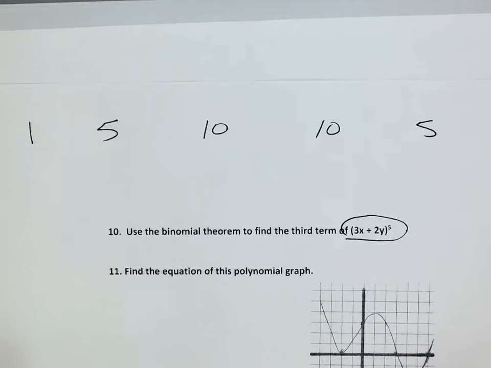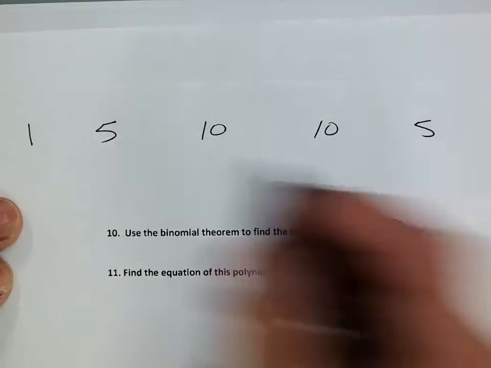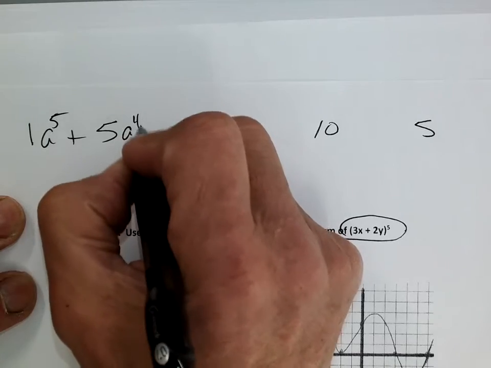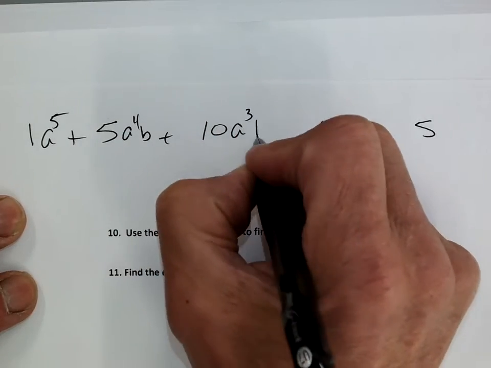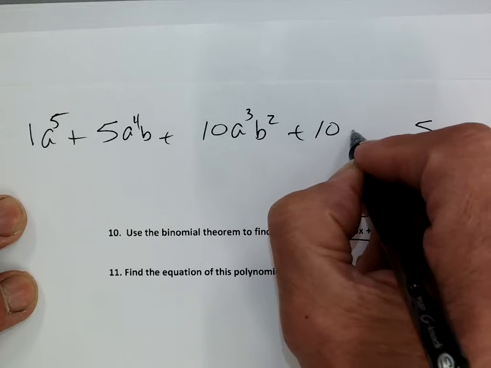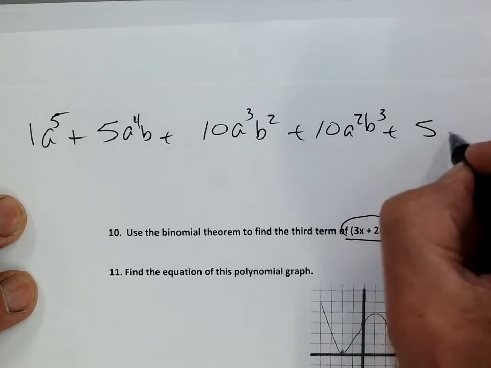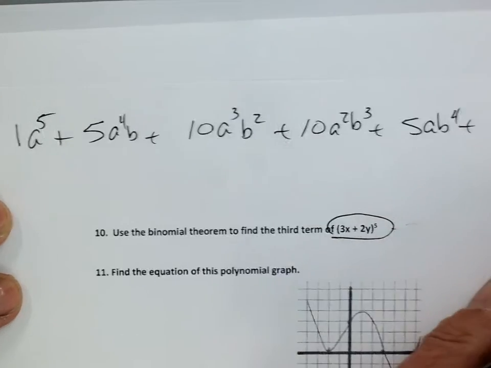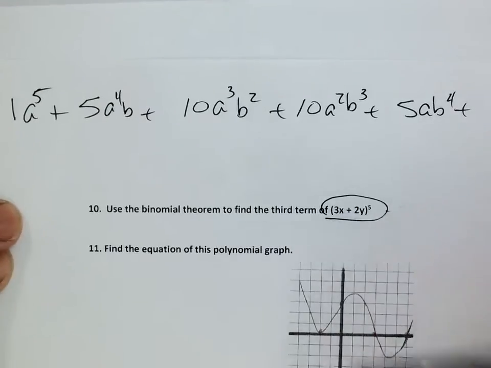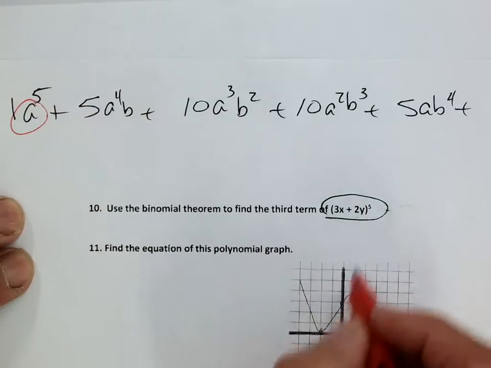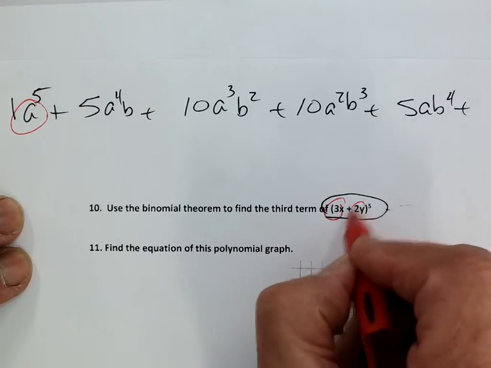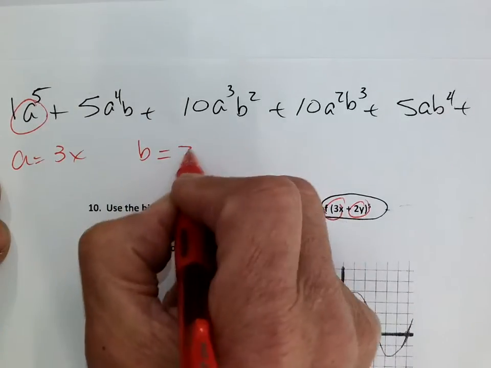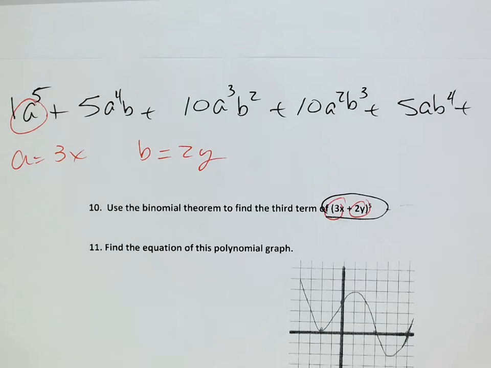Okay, and then I'm going to go a^5 plus a^4 b plus a^3 b^2 plus a^2 b^3 plus a b^4 plus, and then I'll go b to the 5th, except I'm going to plug in, instead of a's and b's, we're going to plug in 3x and 2y. So I'm going to let A equal 3x, and B is going to equal my 2y. And you need to do that. I'll let you do that, okay?